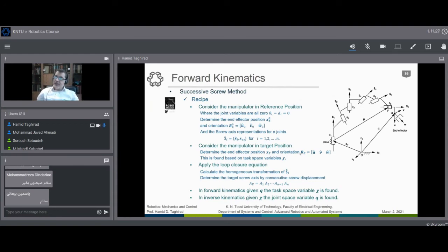And the target position, we call it with RE and variable X, the position and the orientation of the end effector. And then we just simply use this kinematic loop closure, which AE, we find it from here, is equal to the number of multiplications that we find in here.